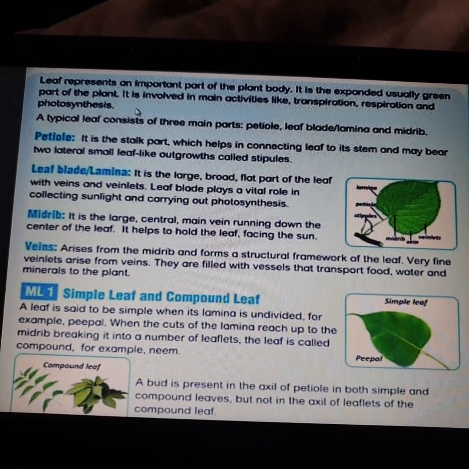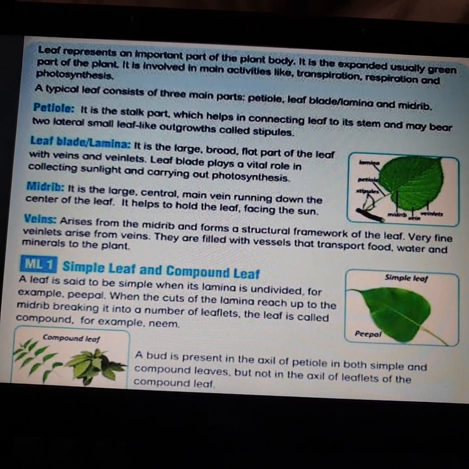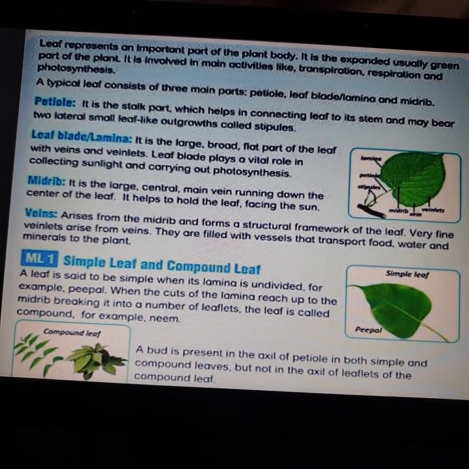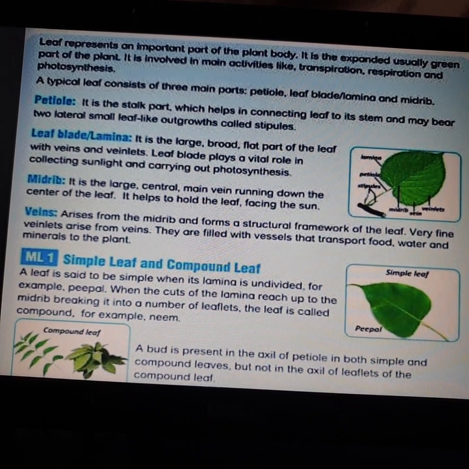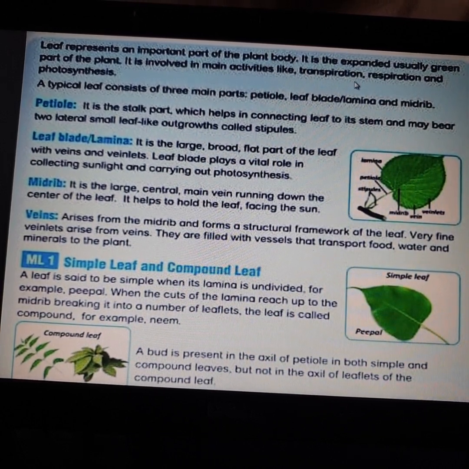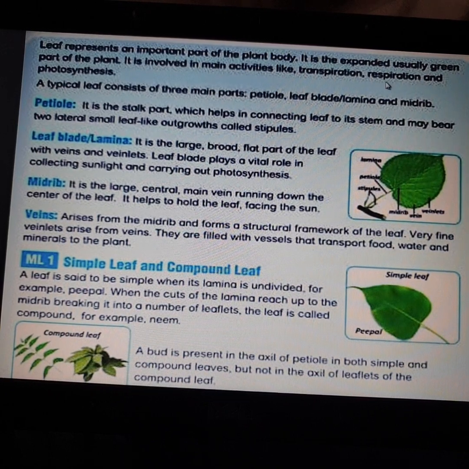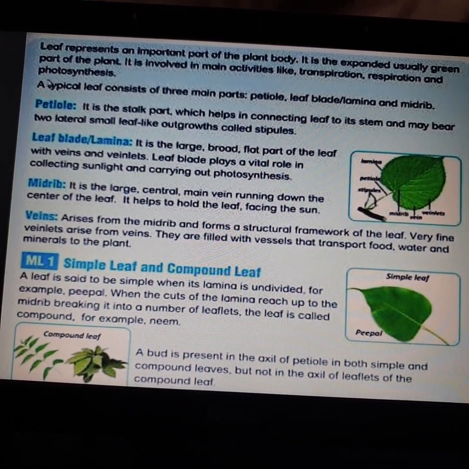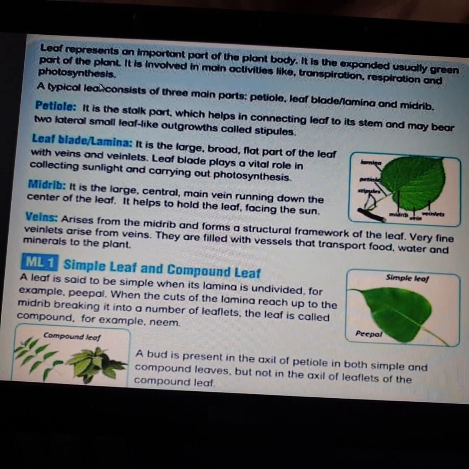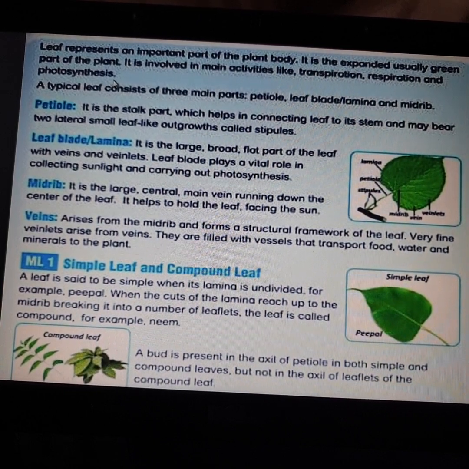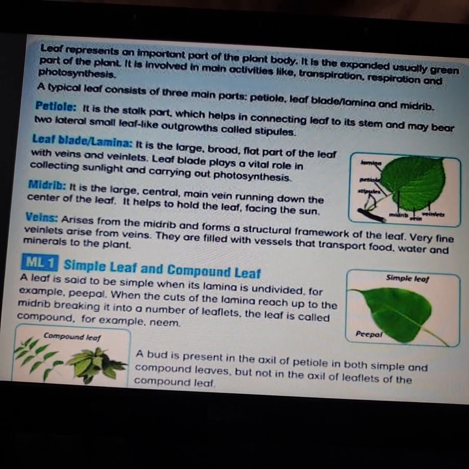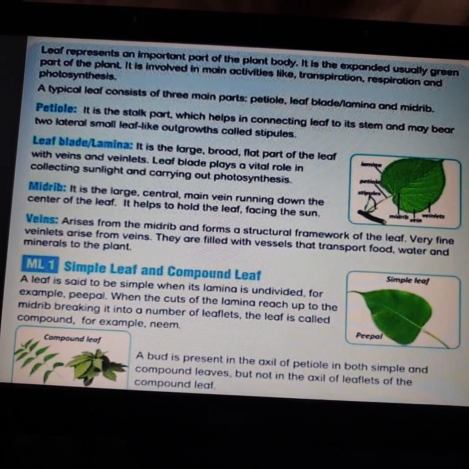So, as we all know, leaf is the most important part of the plant, whether it is for the process of transpiration, or respiration, or photosynthesis, that is nothing but the process of preparation of food. So, leaf is an essential part of a plant.